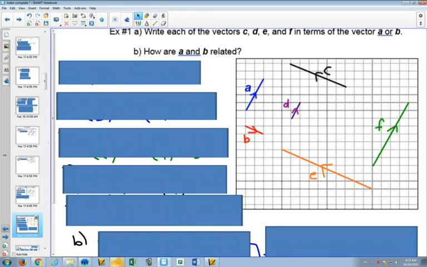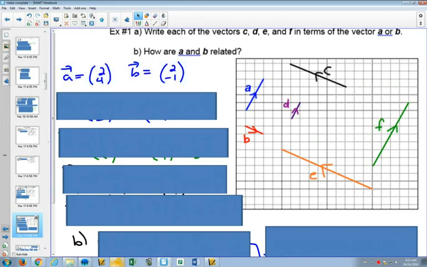So what we have here is we are going to use A and B as our main vectors. And you're going to write all of the other vectors in terms of A and B. So first of all, there we have A and B. A is 2, 4.